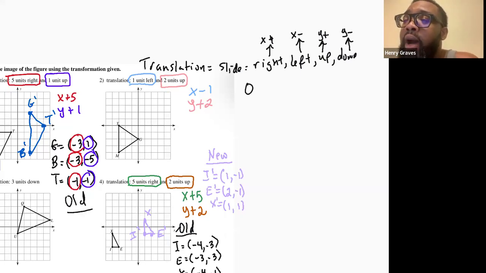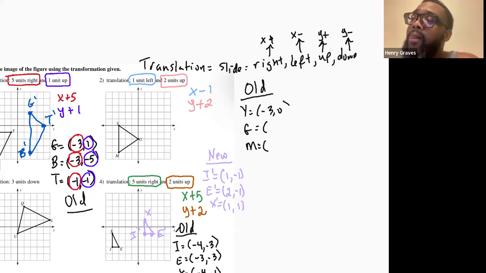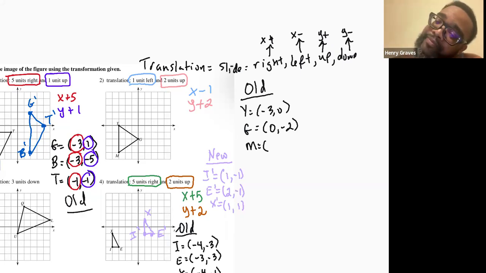I'm dealing with y, g, and m. So y looks like it's at negative 3, 0. G is at 0, comma, negative 2. And m is at negative 3, negative 4. So I'm going to have my new set of points.